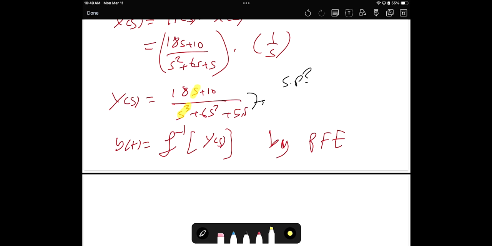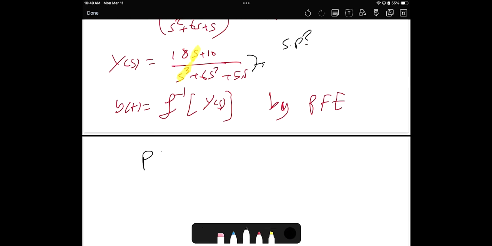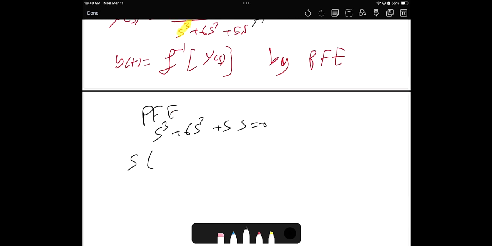So how do we do the partial fraction expansion? Look at the roots. s cubed plus 6s squared plus 5s equals 0. Or in other words, taking s as a factor, s squared plus 6s plus 5 equals 0. This means it can be s plus 1, s plus 5, or you can use the general formula to find the roots, the product of the factors making it 0.